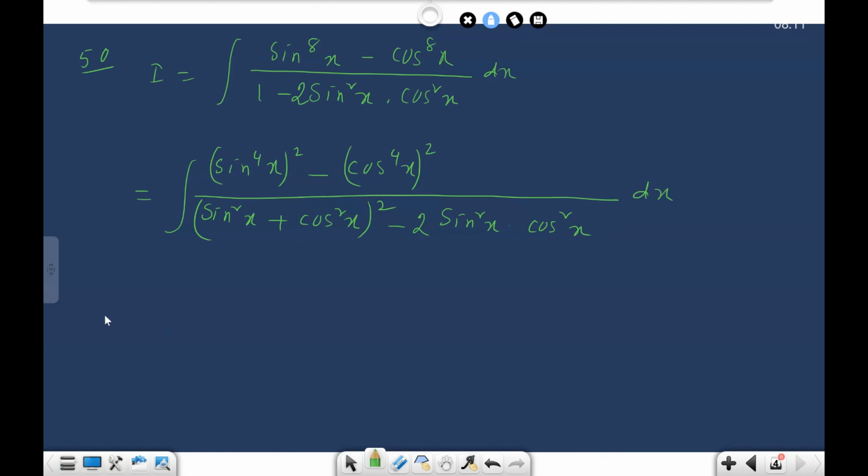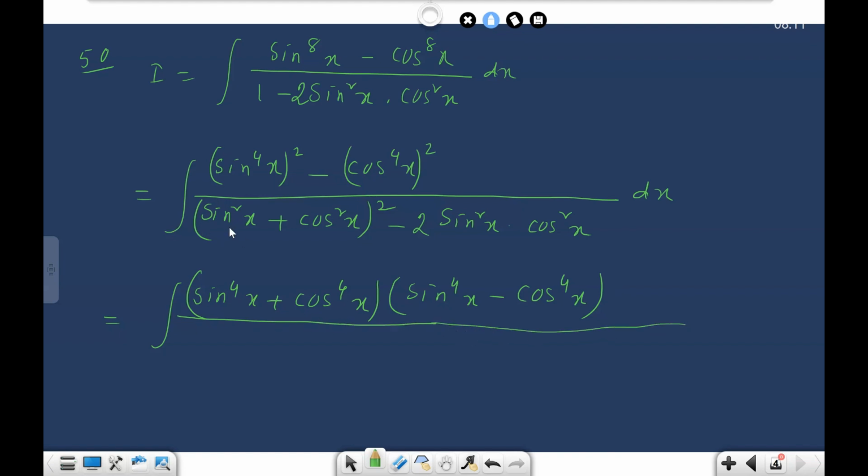Okay, so this is equal to, in the numerator you see it is a square minus b square form. So I write, this is sine power 4x plus cos power 4x, this is a plus b, into sine power 4x minus cos power 4x, this is a minus b. And see the denominator.